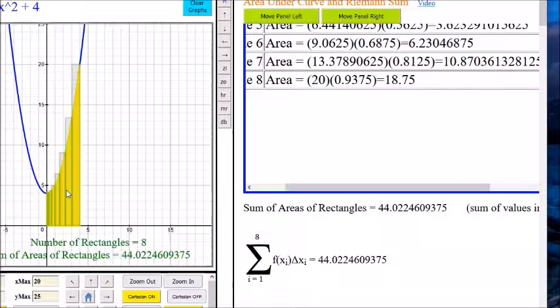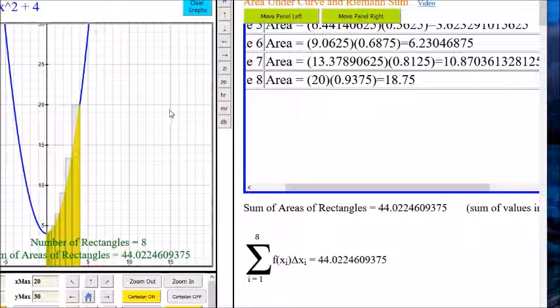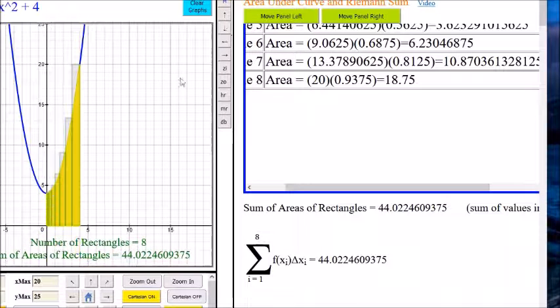And so to get the exact area of the shaded region, what we need to do is allow the number of rectangles to approach infinity, meaning allow the norm, or the largest width, to go to 0. That will allow the number of rectangles to go to infinity.